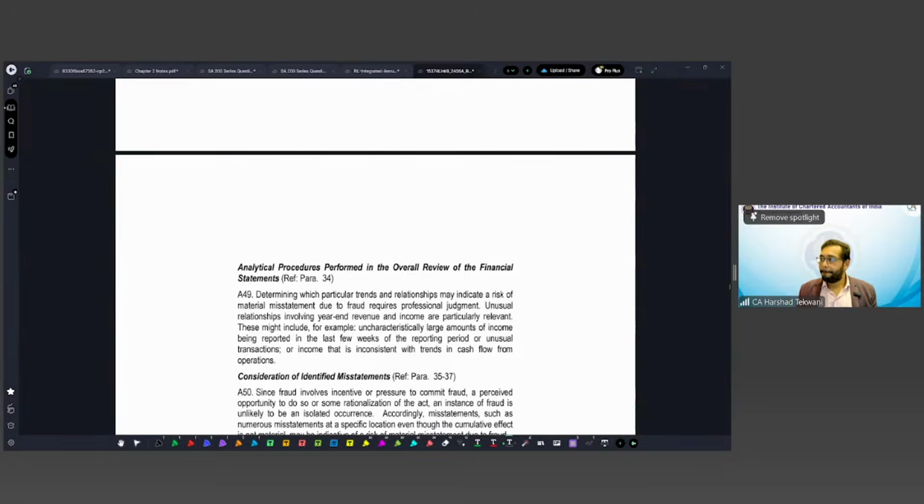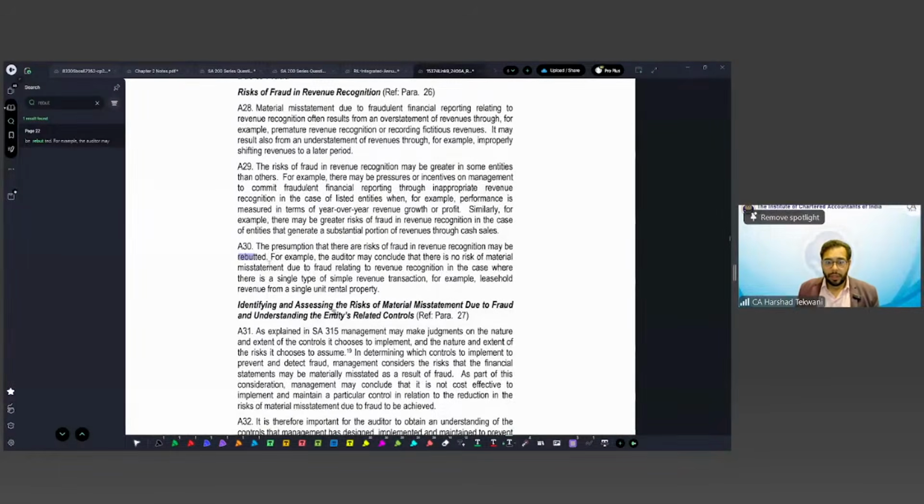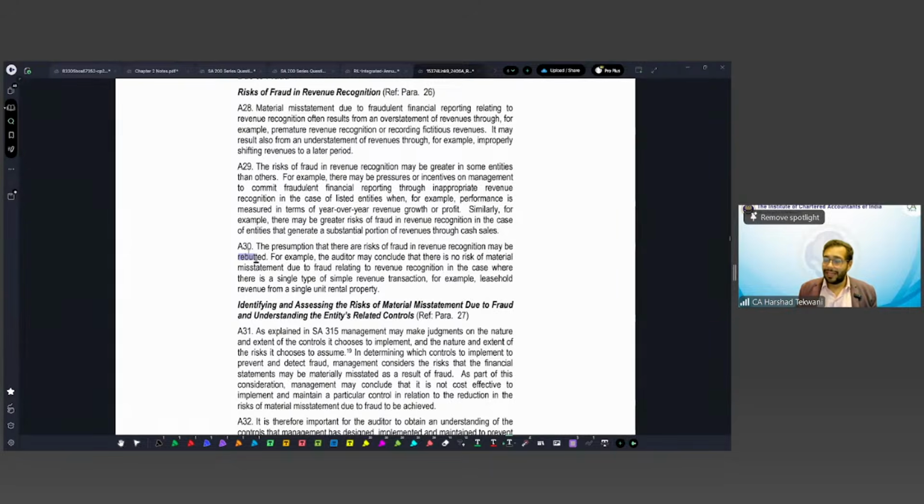See here. The presumption that the risk of fraud in revenue recognition exists may be rebutted, that is, cancelled. For example, there is no risk of material misstatement due to fraud relating to revenue recognition where there is a single type of simple revenue transaction, for example, leasehold revenue from a single unit of rental property.